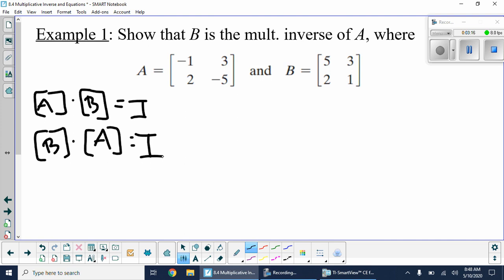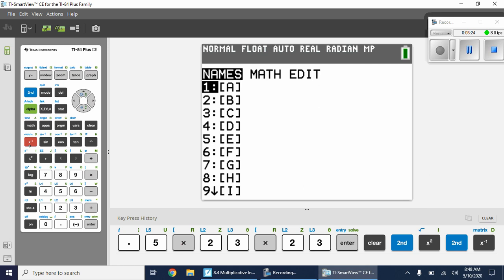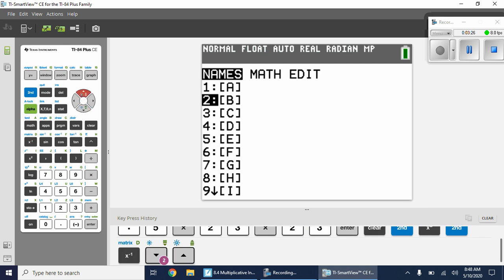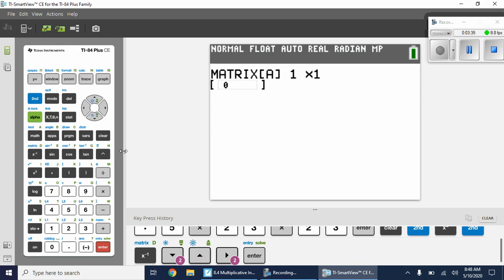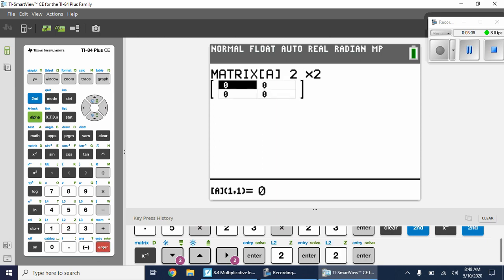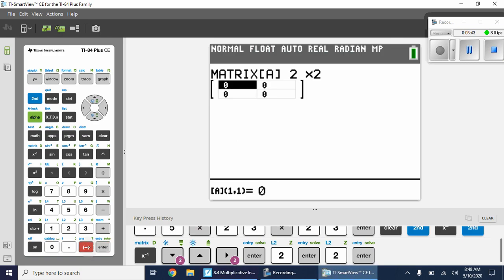So let me just do one example here. Second, matrix, edit matrix A. It's a 2 by 2 matrix. The numbers are -1, 3, 2, -5.